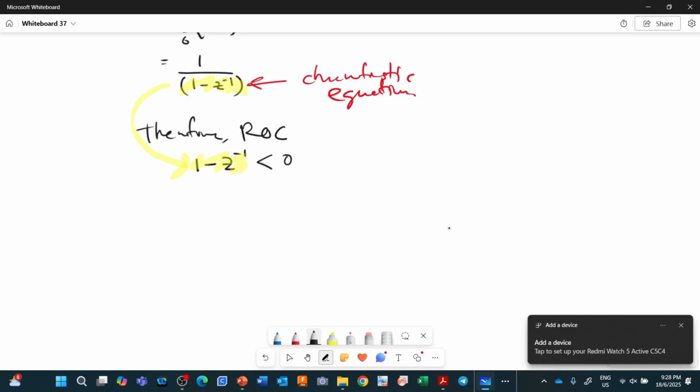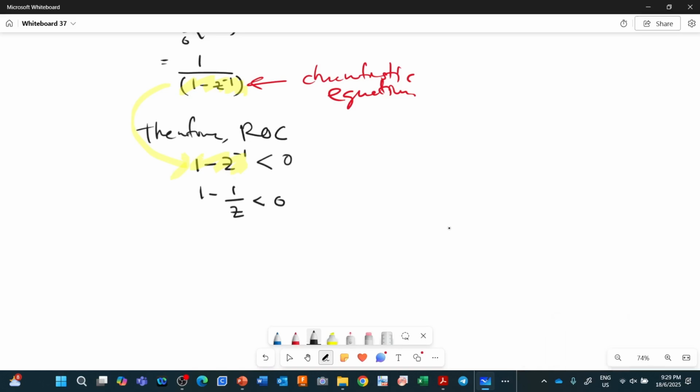So we just rearrange it to make it easier. What is the ROC? 1 minus z inverse 1 is 1 over z, less than 0. If we bring this 1 over z to the right side, how do you write it? We inverse the symbol, so you get 1 over z.